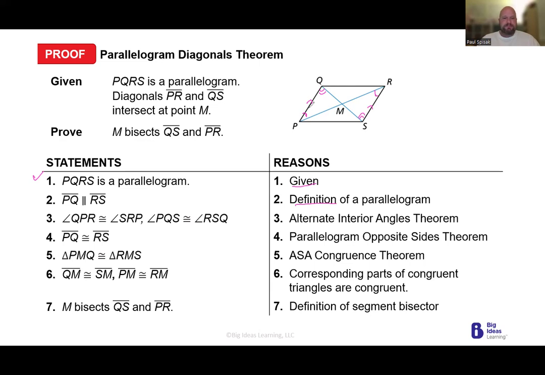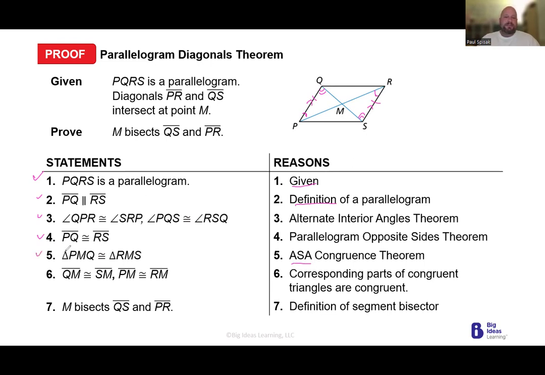Using our parallelogram opposite sides theorem that we just proved on the previous slide, we can say that these two are congruent to each other. So PQ is congruent to RS. So now we have three pieces, again, by ASA. We're able to say the two triangles are congruent.